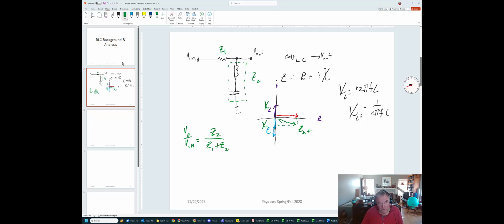So in the case of Z2, that's pretty easy. Z2 simply equals, and they're in series, okay, so that would be ZC plus ZL. And when you do impedances, series is always just adding them together.